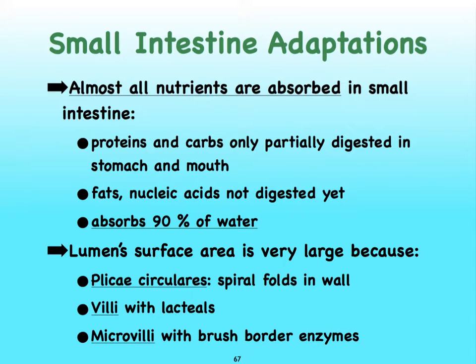And the small intestine does that. It has three major adaptations that very much increase its surface area. I'm going to list them first, and then I'll show them to you on pictures on the next slide. We have the plicae circulares, which literally means circular folds. We have villi, and then we have microvilli.